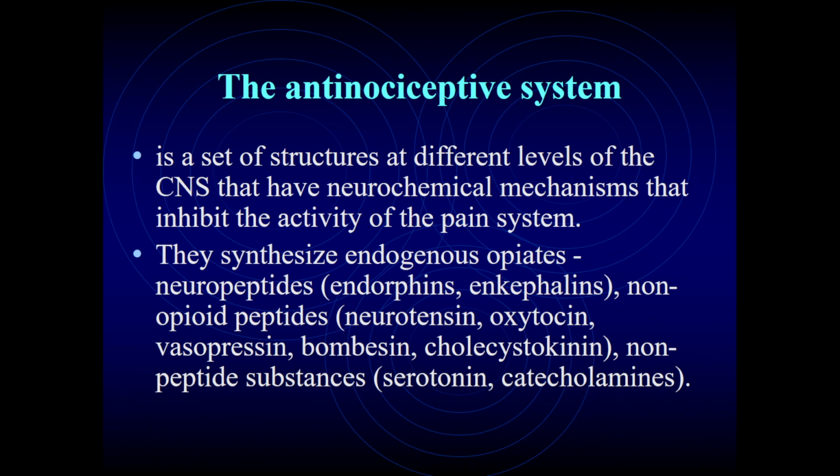They synthesize endogenous opioids like neuropeptides, endorphins, and enkephalins. Also, non-opioid peptides like neurotensin, oxytocin, vasopressin, bombesin, cholecystokinin, and non-peptide substances like serotonin, catecholamines.